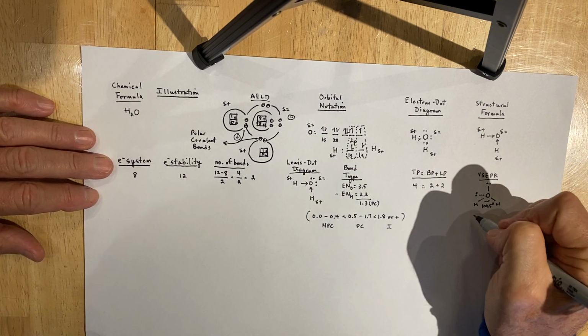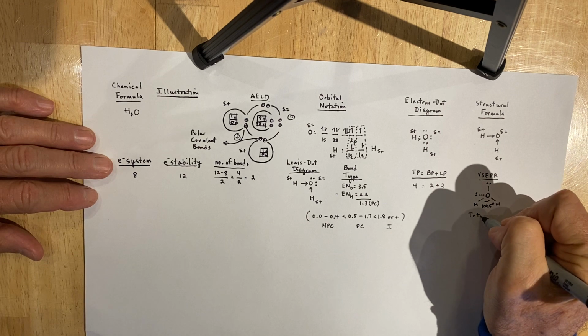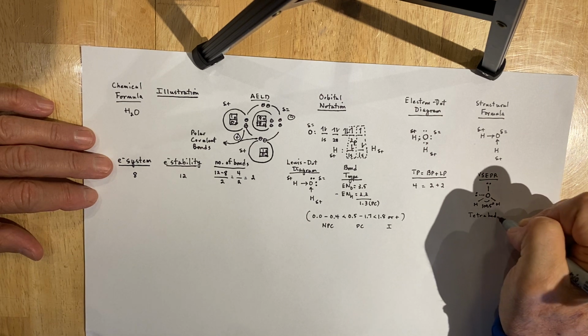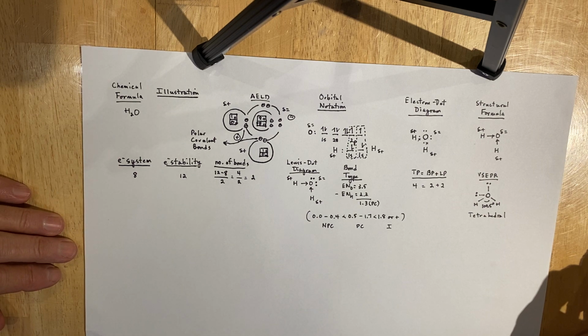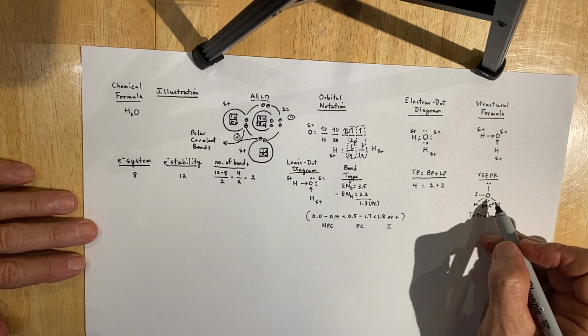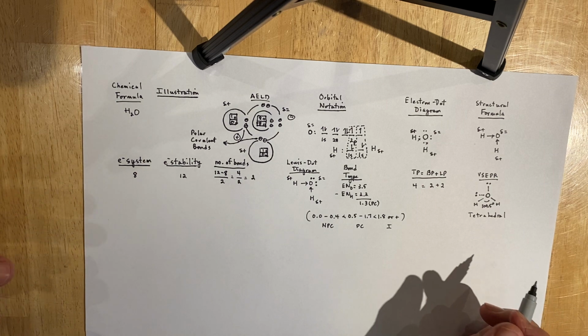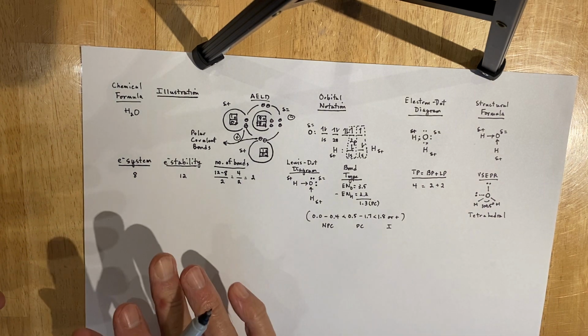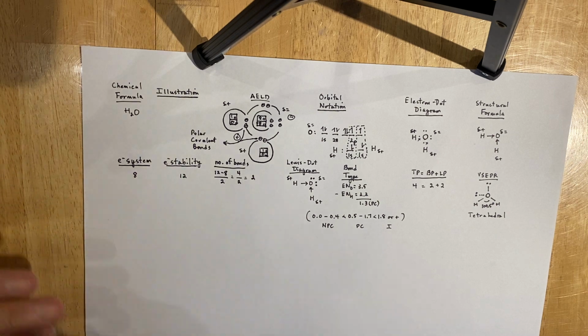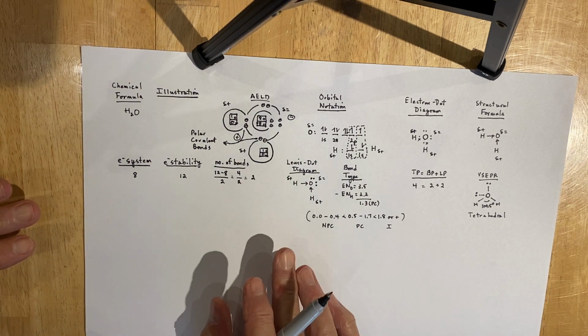And we say that this is a tetrahedral arrangement. Now keep in mind that VSEPR theory is really designed to explain the arrangement of electrons around a central atom in the localized electron model when they're not bonded.